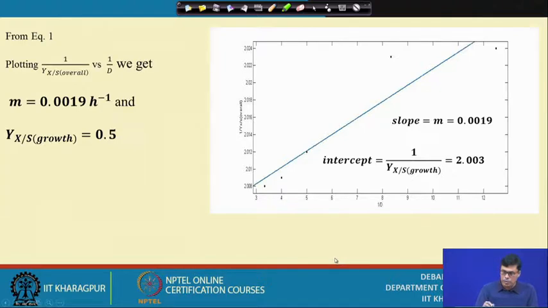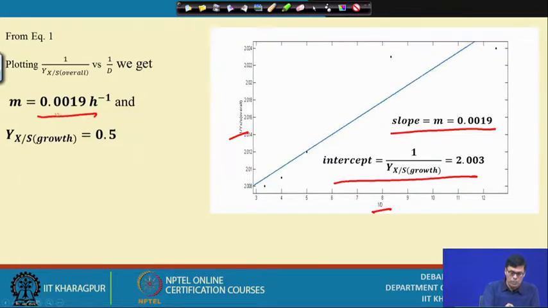And then we can plot 1 by Y X by S versus 1 by D. If we plot it, then we will get this intercept. The slope will give you the value of the maintenance coefficient, and the intercept will give you this. The maintenance coefficient will be 0.0019 per hour, and the yield coefficient will be 0.5.